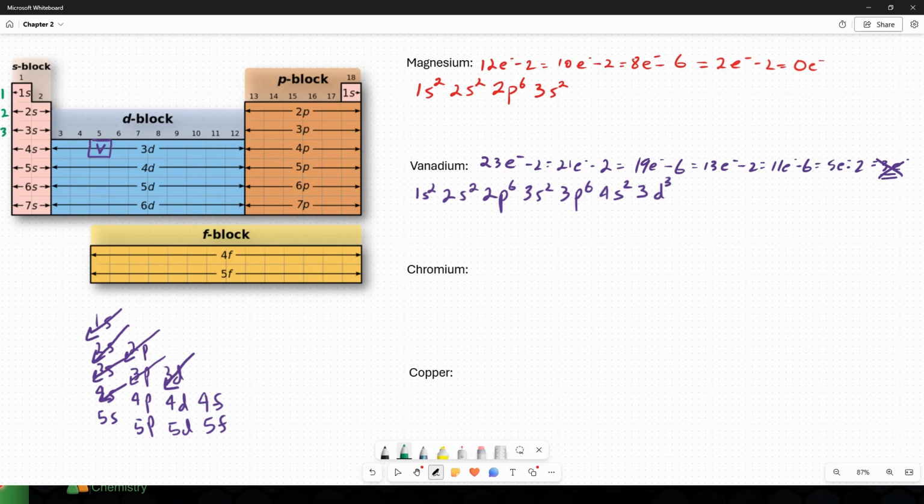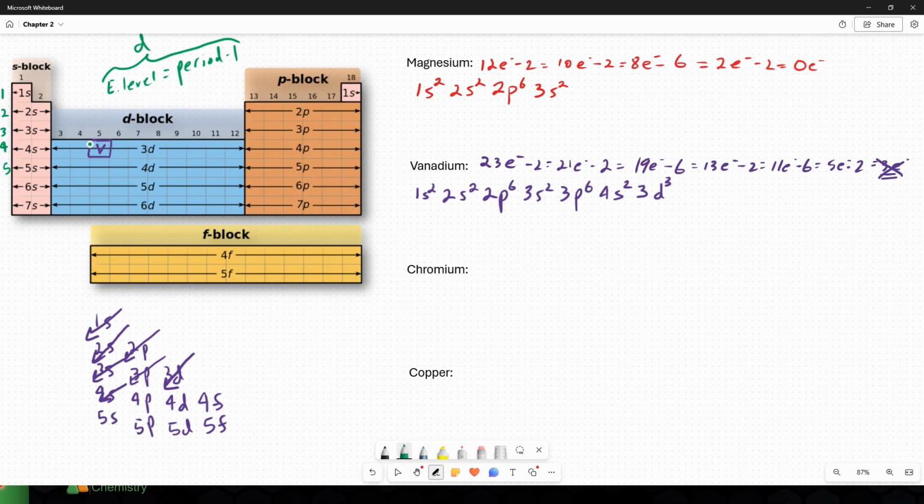Why? Again, because for the d block here, the energy level is the period minus 1. That's only for the d block. All right. So here, even though it's in the 4th period, that's a 3d sublevel. Whereas for the s and p block, the period would be the energy level.